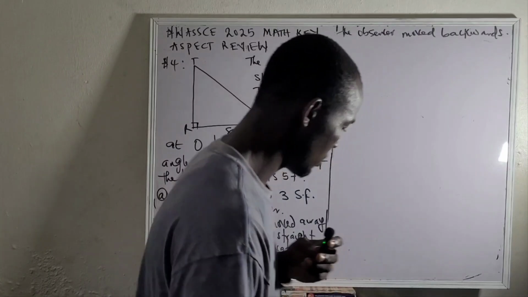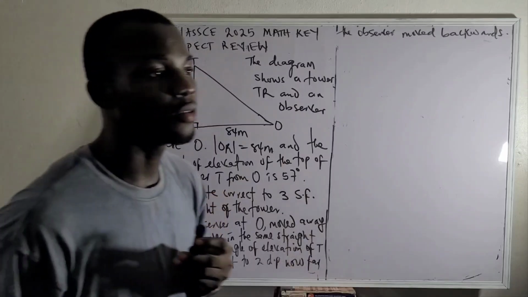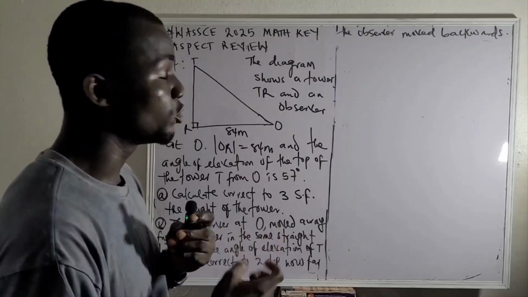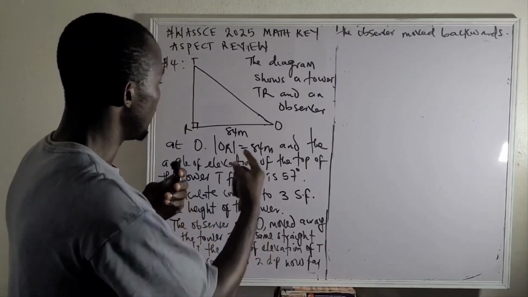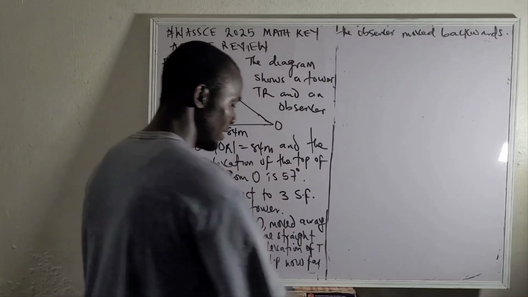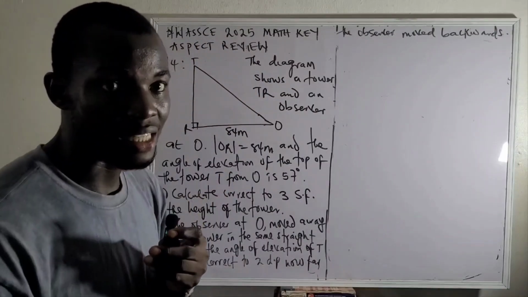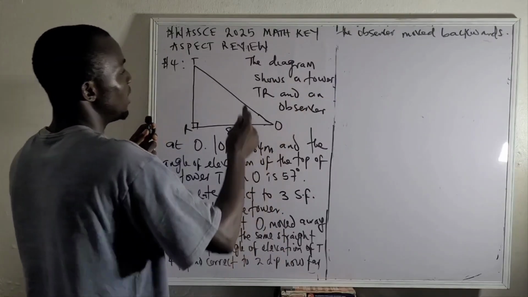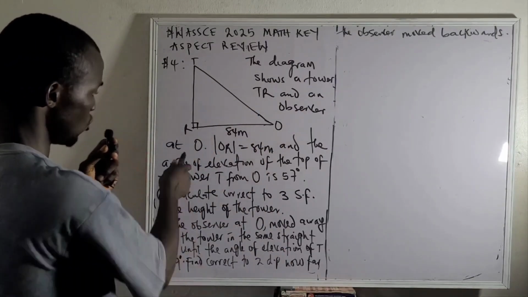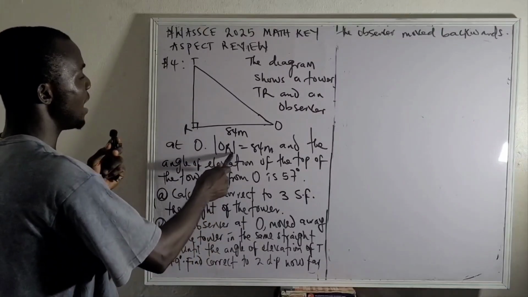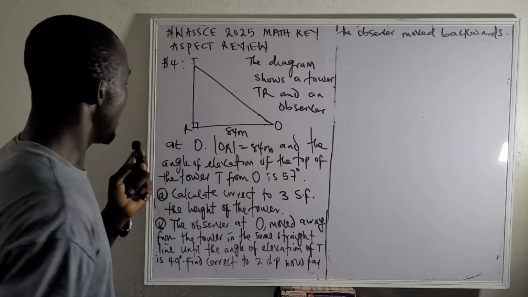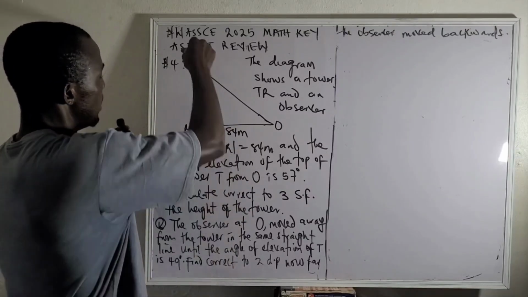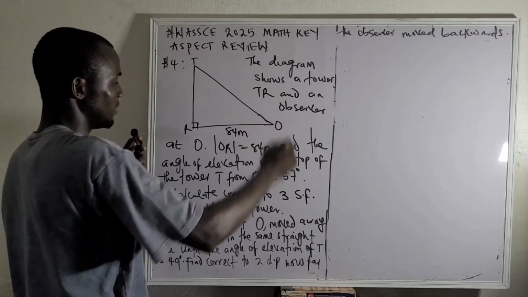So here is another question. Remember, I told you that these are aspects where students really faltered because they couldn't represent geometrical diagrams appropriately. So let's ensure that we carry out the correction. The diagram shows a tower TR and an observer at O, such that the length OR is 84 meters, and the angle of elevation of the top of the tower T from O is 57 degrees.